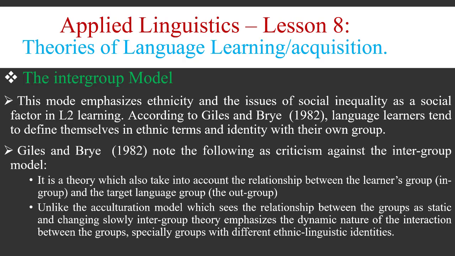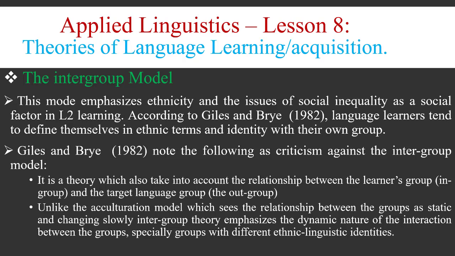So for these linguists, this theory should not account for a relationship between the learner's group and the target language group. Okay, because this shouldn't be a way to acquire or not acquire another language. Okay, it shouldn't be a blockage or a problem for learning language.